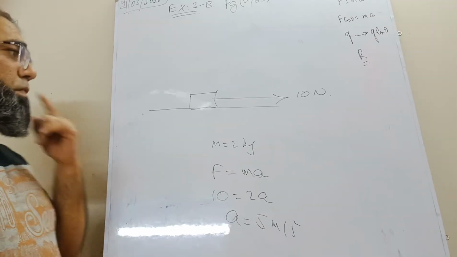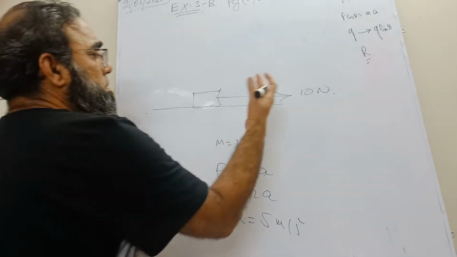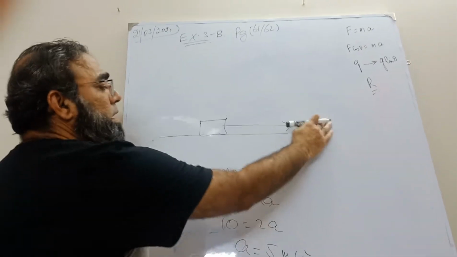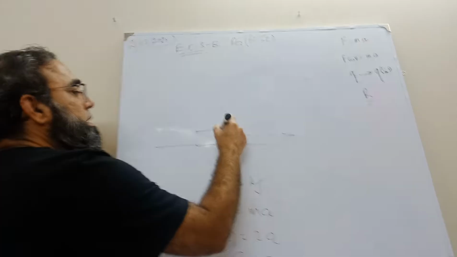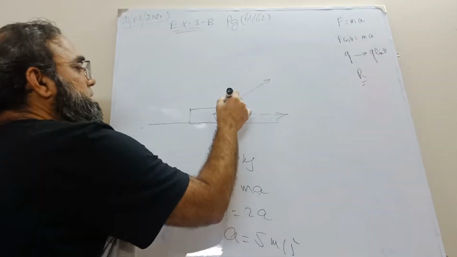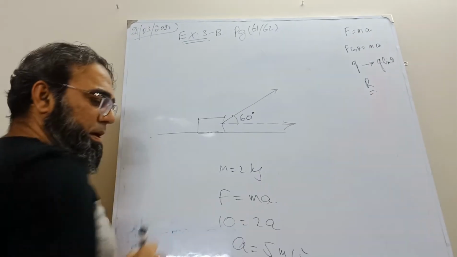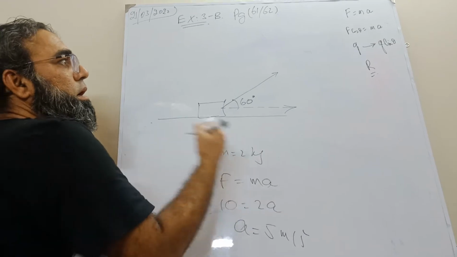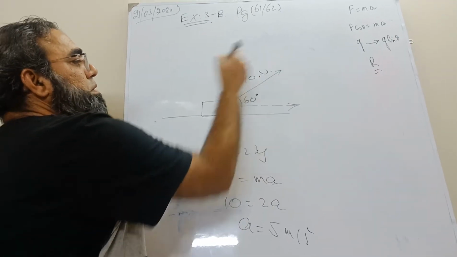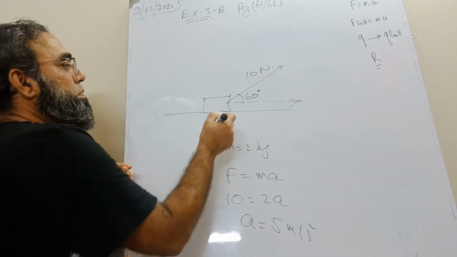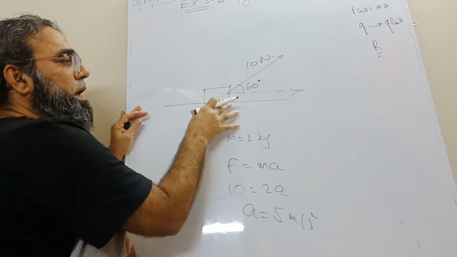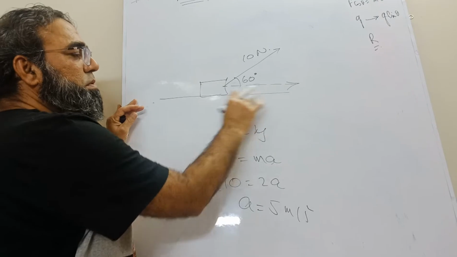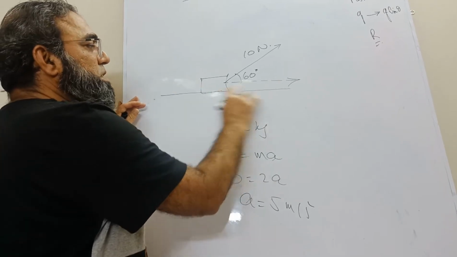Now, what if we have the same force, but instead of being a horizontal force, it is inclined at an angle of, let's say, 60 degrees. Now this is the same 10 newton force, but you have to resolve it parallel and perpendicular to the direction of motion, of this acceleration.